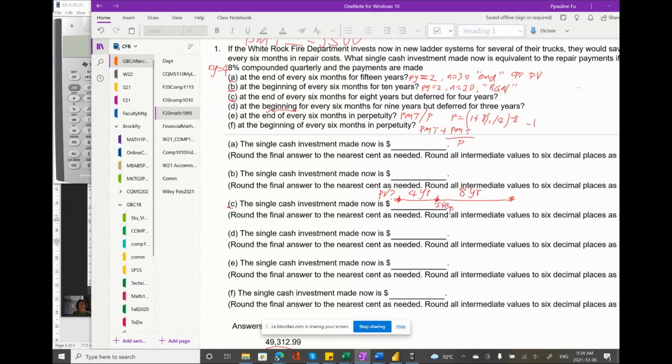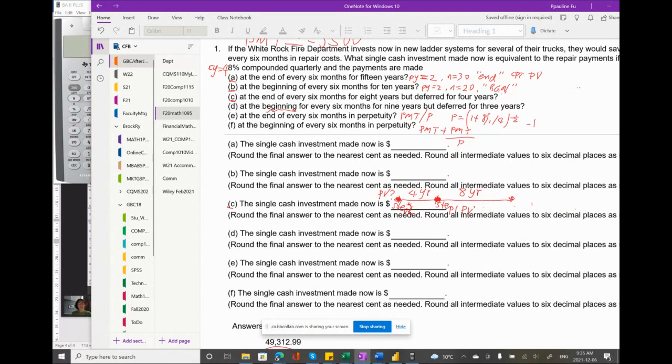Step 1, calculate the present value at the beginning of 8 years, or at the end of 4 years. Step 2, calculate the present value right now. This present value from step 1 serves as a future value in step 2.